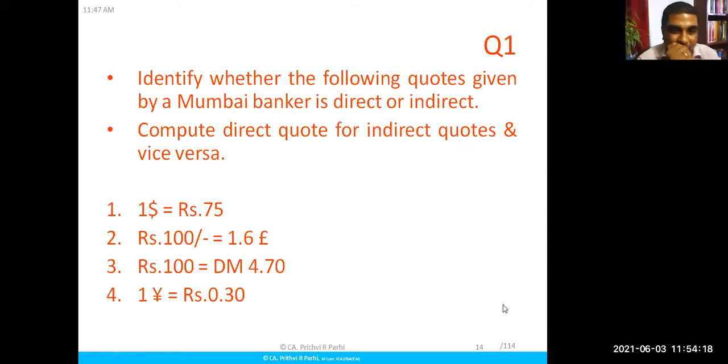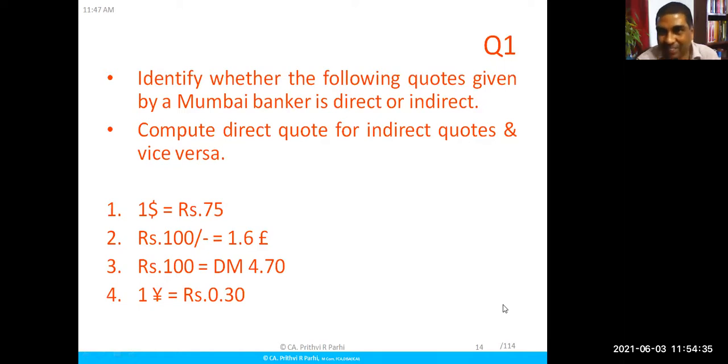Now, the third one, you have to tell me. Now it is easy for you. Indirect. Bismarck is the German currency. Then the fourth one. Direct.